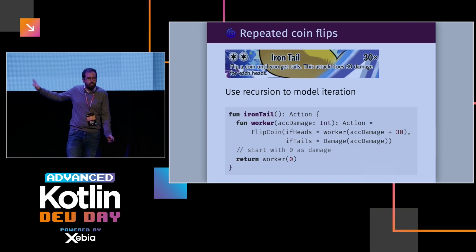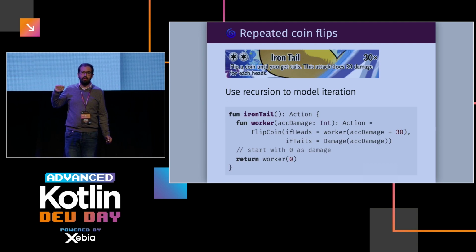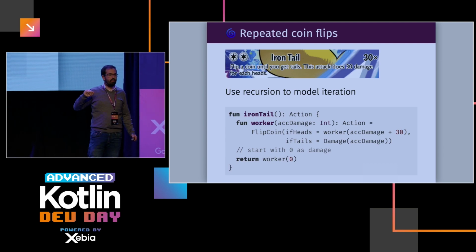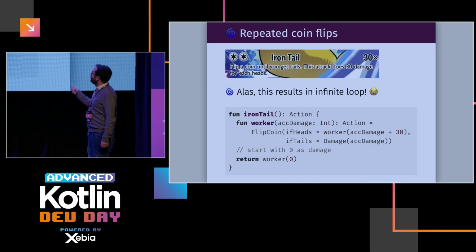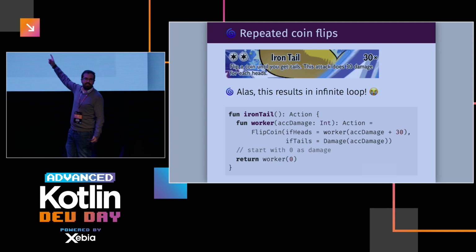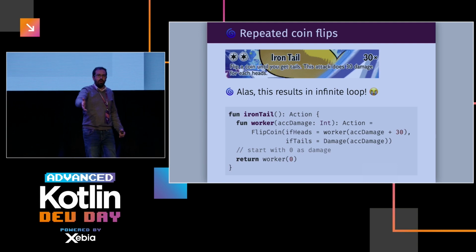Except this won't work. Can somebody see what's going to happen if I try to call irontail.execute? Well, actually, we will get an infinite loop because the worker never ends, and all this is evaluated right away.